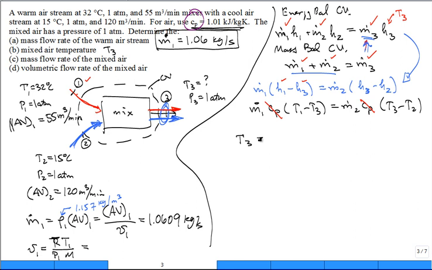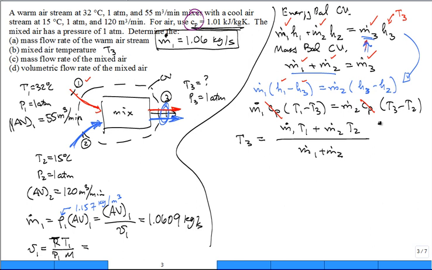It's a little bit of algebra, but it's equal to m dot 1 T1 plus m dot 2 T2 divided by m dot 1 plus m dot 2. Sometimes it's helpful to work analytically as far as possible in symbols without throwing numbers in.